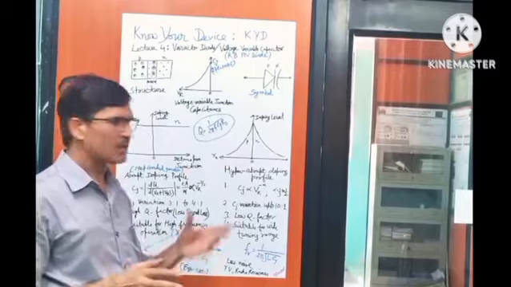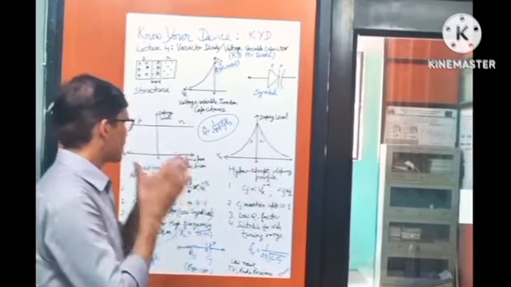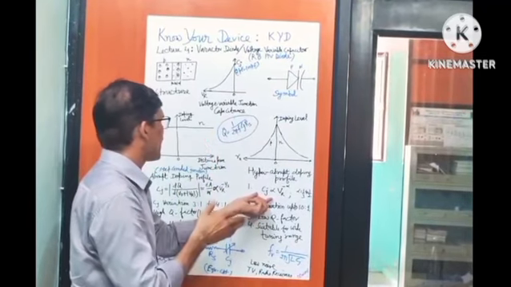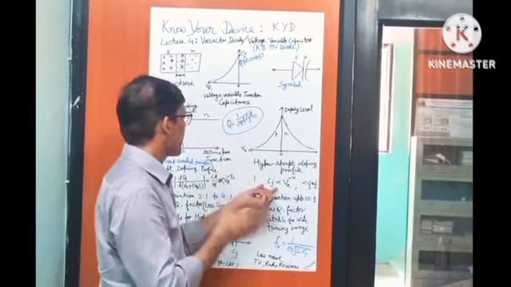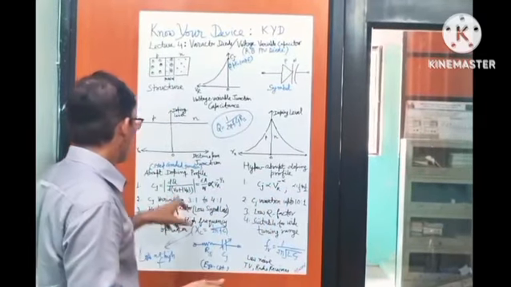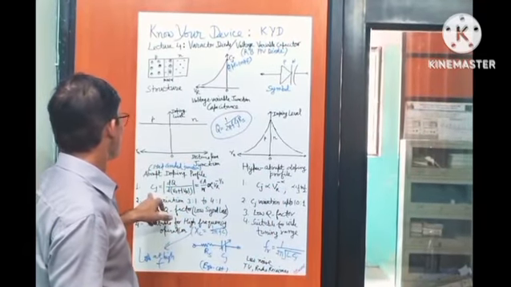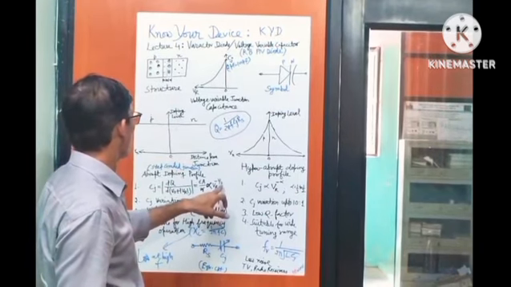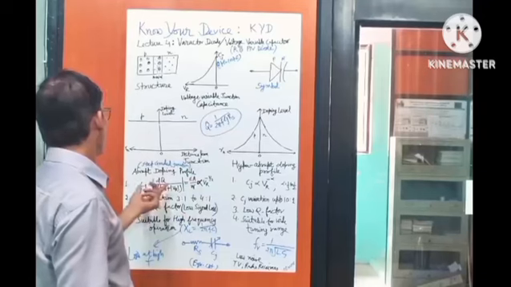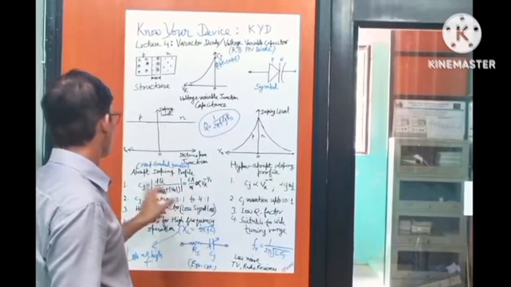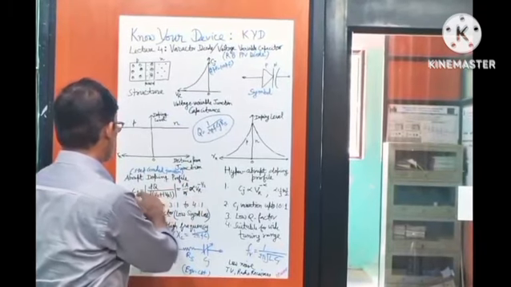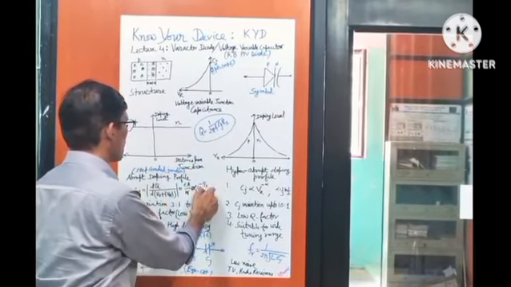Now we can see that in both these cases the capacitance of the junction basically depends upon the reverse voltage in a different manner. Here you can see that Cj is proportional to Vr raised to the power minus half, where Vr is the reverse voltage. So if we increase the reverse voltage, there will be a decrease in the junction capacitance.